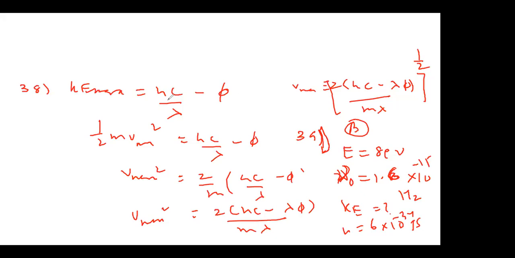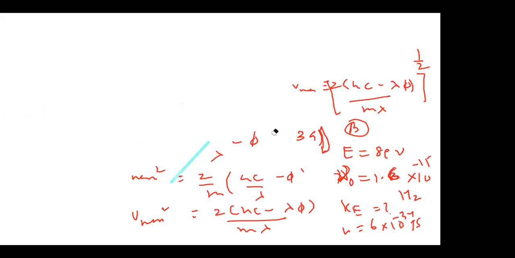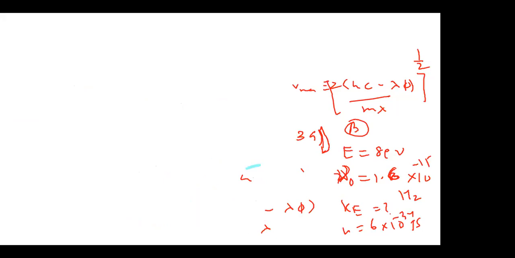If I find the work function, I can easily find the kinetic energy, because K max is nothing but energy incident minus work function, which is h nu 0.